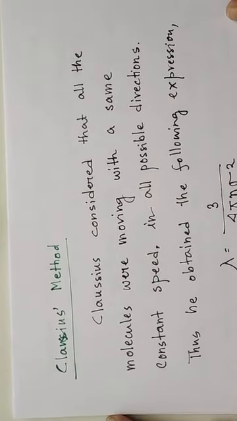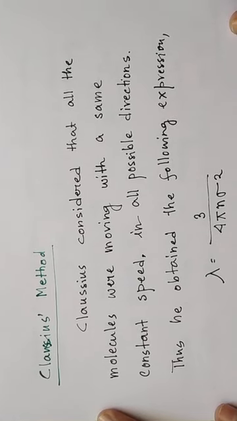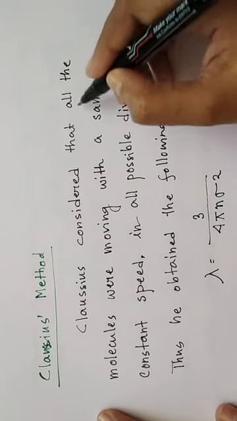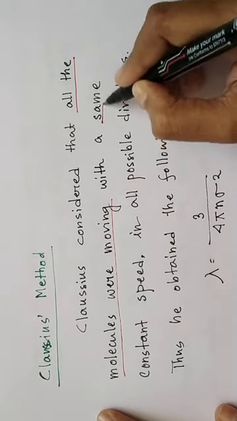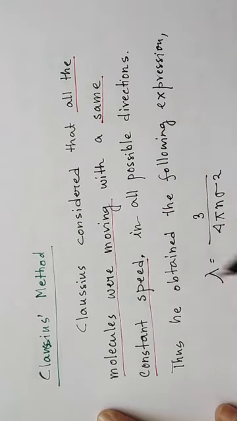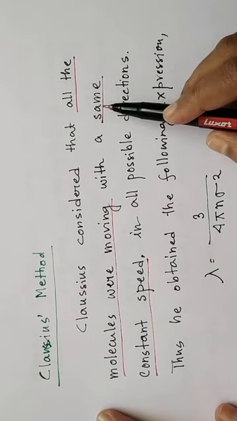Clausius considered that not only one molecule is moving and the others are at rest, but all the molecules are moving with the same constant speed.